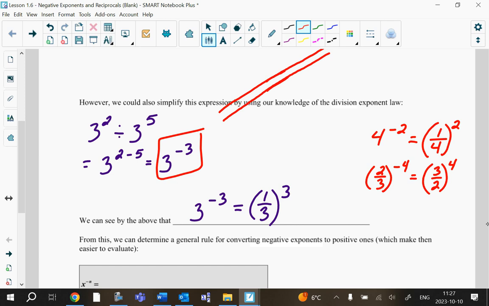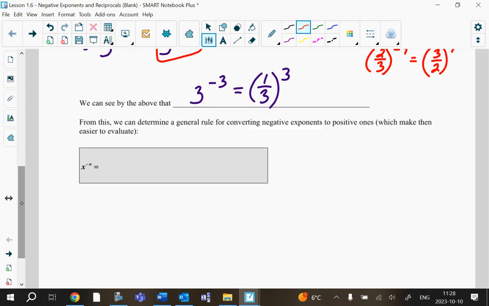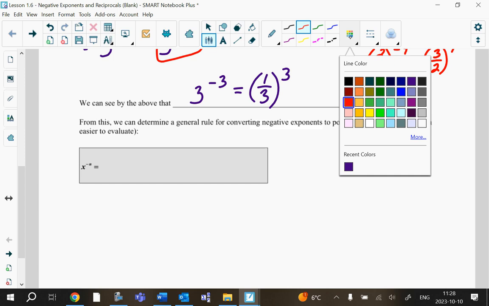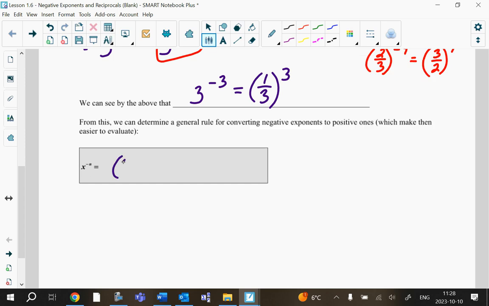Although multiplicative inverse is correct. Okay, so that's how we evaluate negative exponents. If you've got a negative exponent, make it into a fraction, if it already isn't a fraction, and then flip the base, find the reciprocal of the base, which allows me to make the exponent positive.